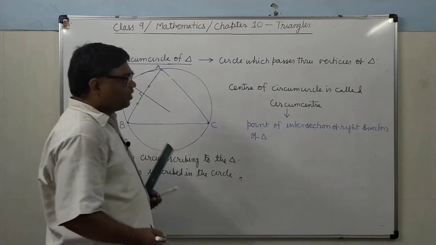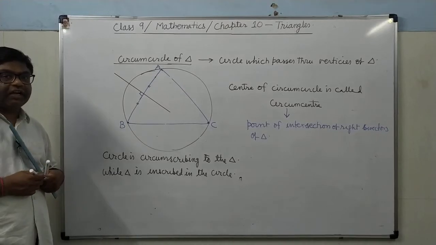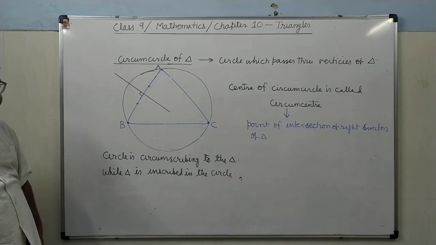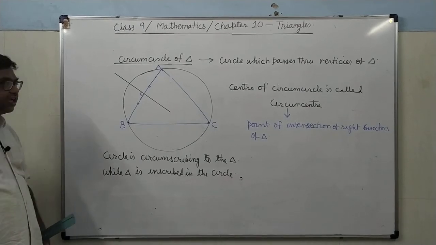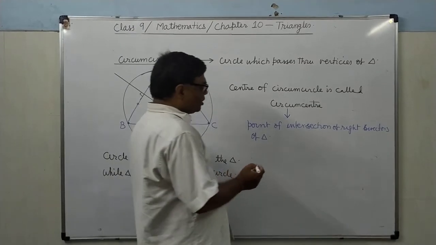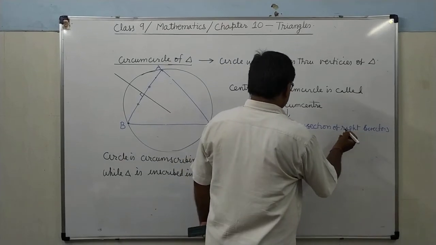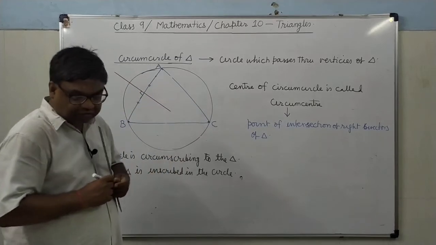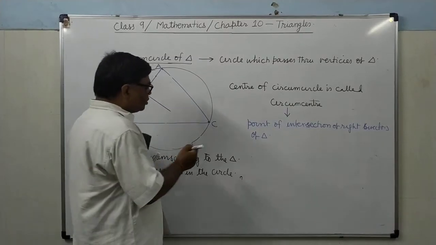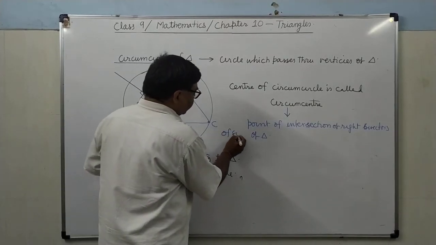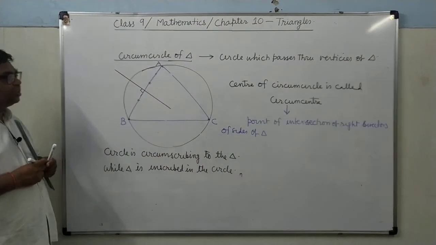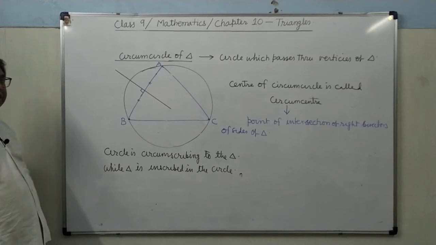Point of intersection of right bisectors of the triangle means where the right bisectors of the triangle meet, that will be the circumcenter. Is this clear? Now it is complete. What is circumcenter? It is the point where the right bisectors of sides are intersecting.